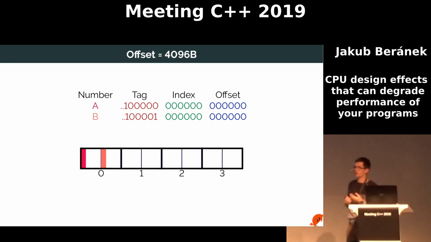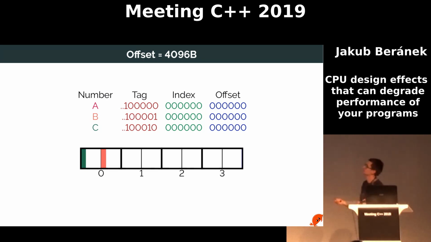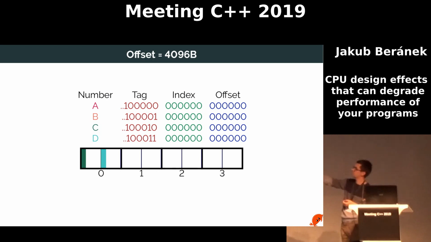In the real scenario, it would have to be 8, because this computer has associativity 8, so I have 8 spaces here. C will go inside the same bucket. There was no space, so A had to be thrown out. D goes inside the same bucket, so again, B had to be thrown out. So even if I have only 9 numbers, if I have associativity 8, I will replace the numbers in this one bucket repeatedly, and my performance will be 10 times slower, as you saw in the benchmark.